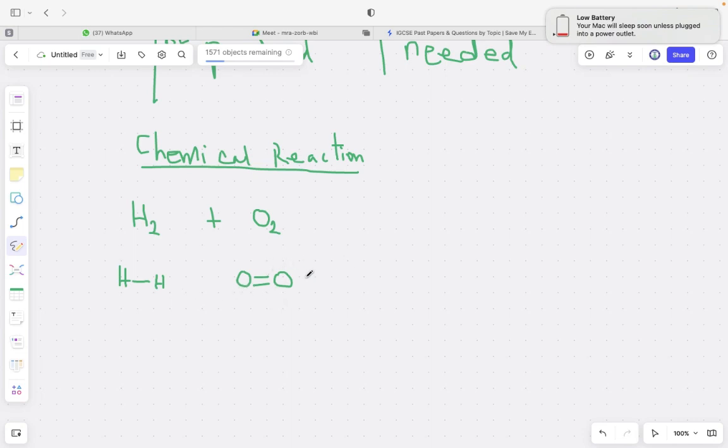That's the first thing that happens in a chemical reaction: it breaks the bond between the atoms of the molecules, and a new bond or a new substance will be formed, which is H2O. So we can balance this equation.